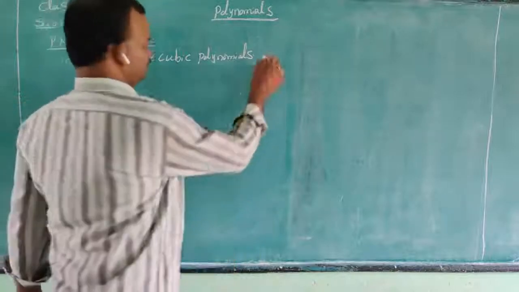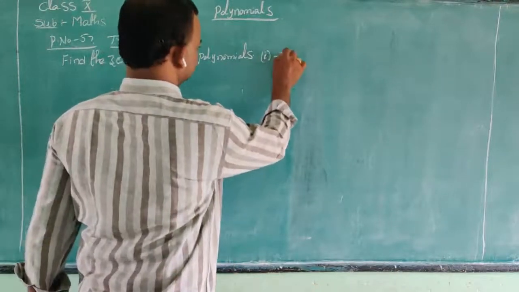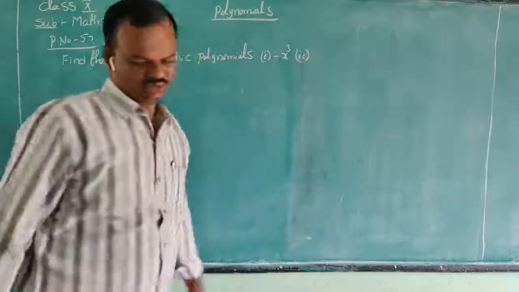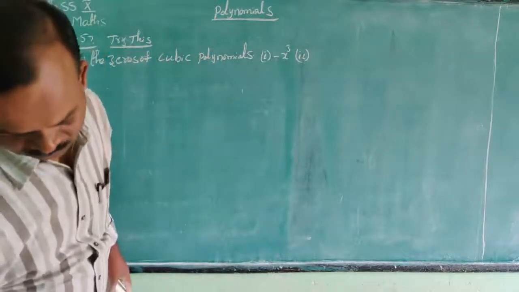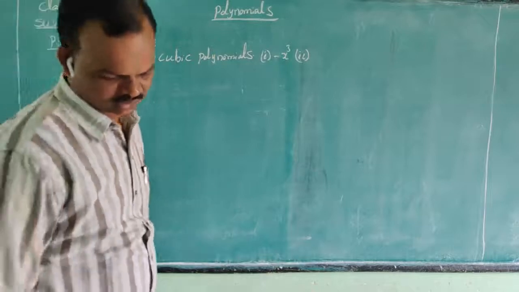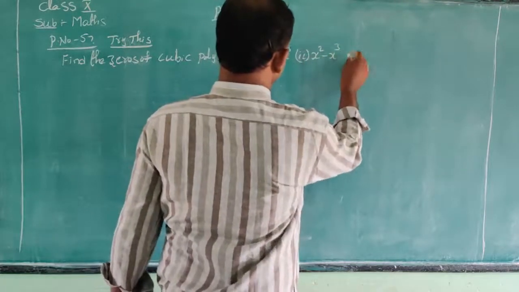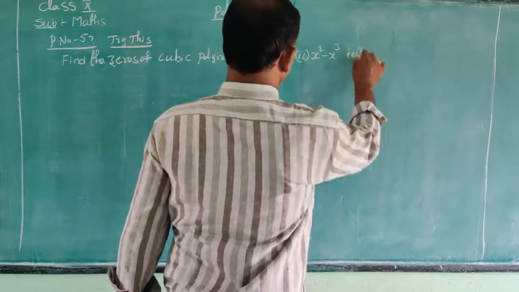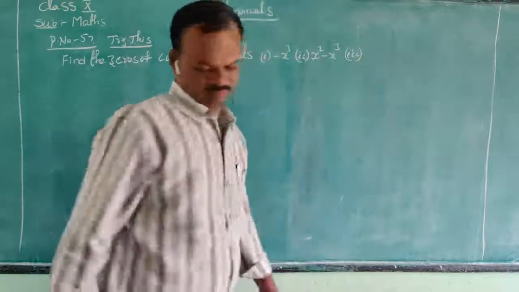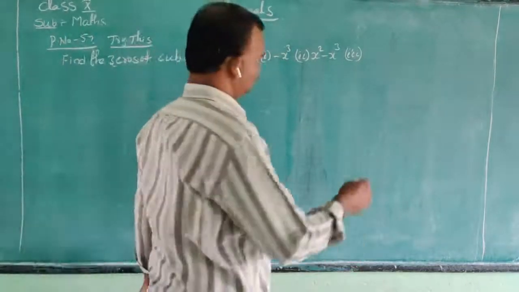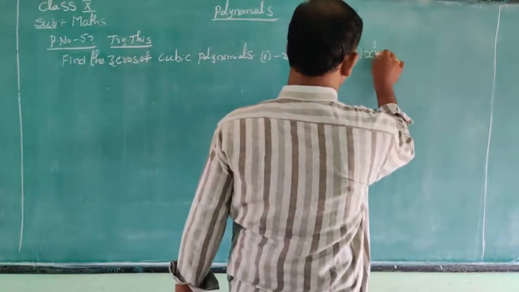First one is minus x cube. Second one, x cube minus 5x square.